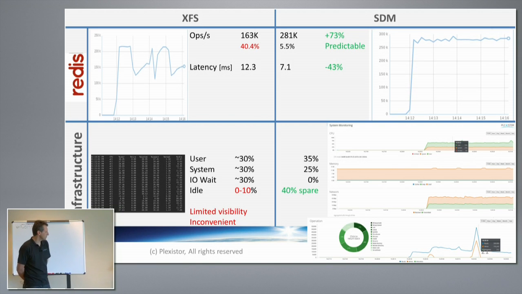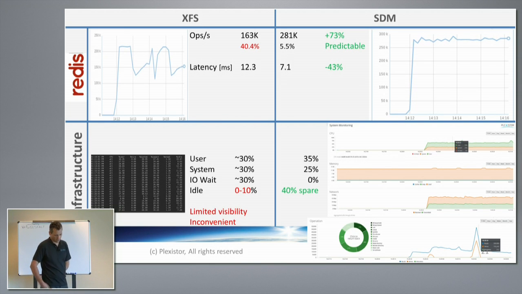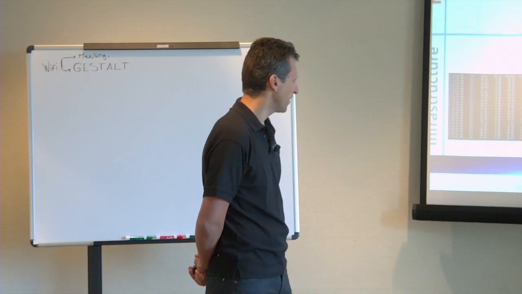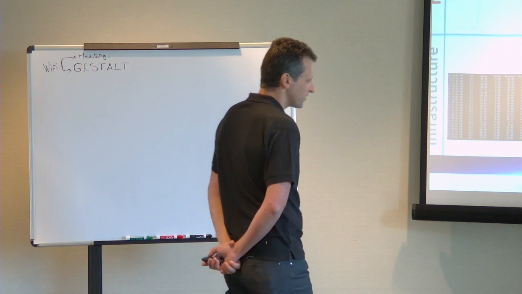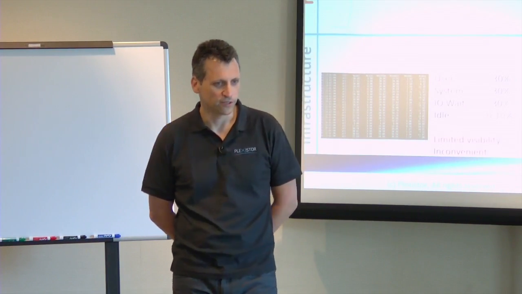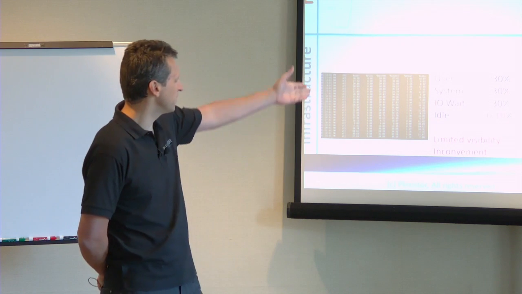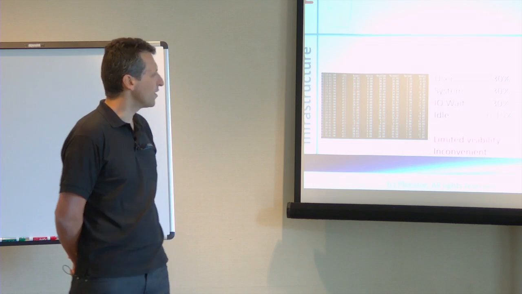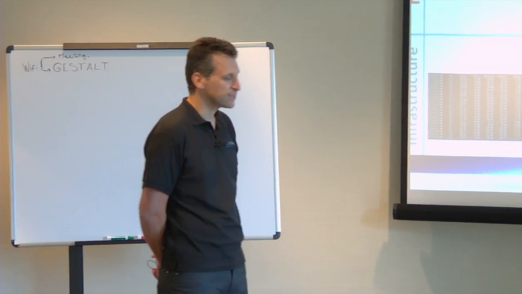Networking is not idle, but has a lot of room. CPU has room, and what's missing is additional load that you can generate from the clients, or additional clients that will use the system. Okay, so it's a very healthy 40% buffer for additional load. So basically, if we added additional load, you would get higher performance compared to XFS.